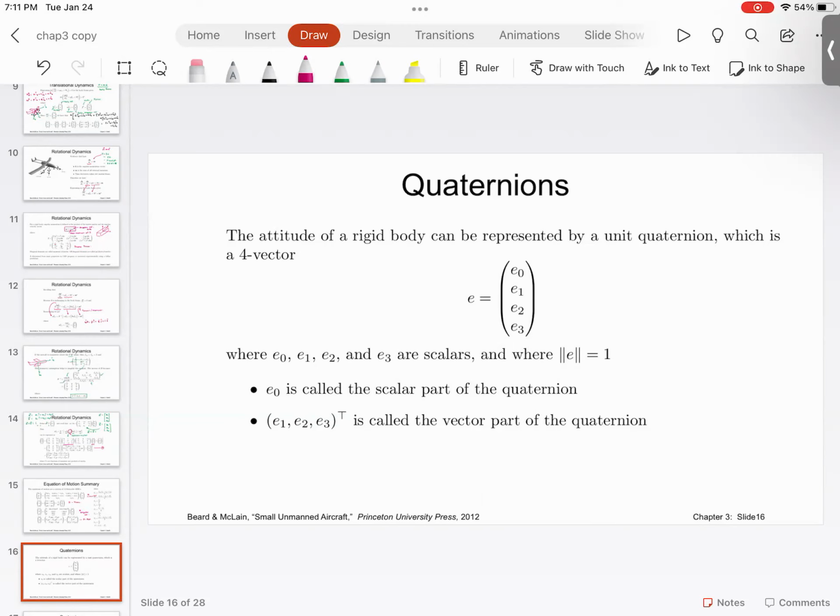So quaternion, let me tell you. From the physics point of view, let's start with simple rotation matrices. Remember the rotation matrices that we talked about in the first robotics class and in this class?